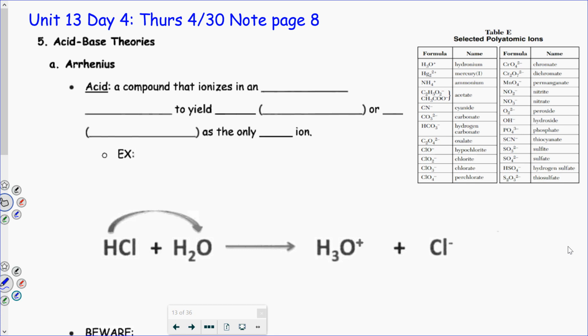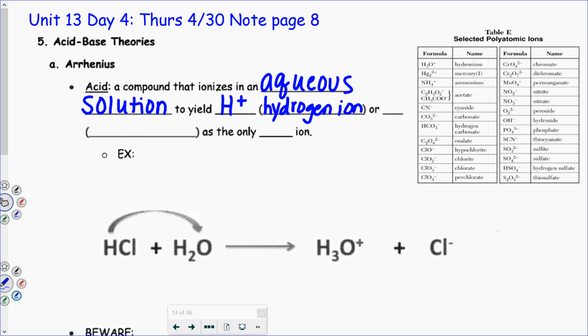But Arrhenius said that an acid is a compound that ionizes, meaning forms positive ions and negative ions, in an aqueous solution, aqueous means dissolved in water, to yield H+. H+ is the hydrogen ion, or H3O+. And if you're like, what the heck is H3O+?